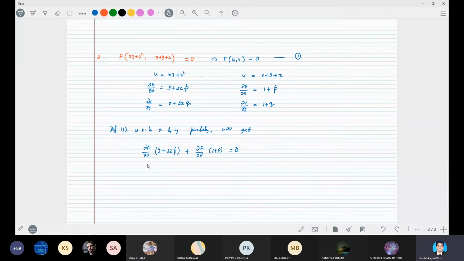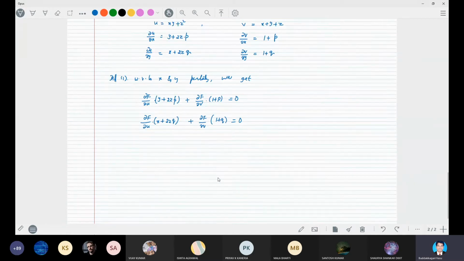Similarly, now differentiating with respect to y: dou f by dou u into dou u by dou y, x plus 2z into q, plus dou f by dou v into 1 plus q is equal to 0.